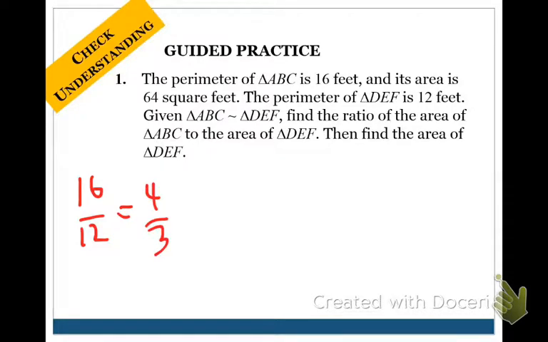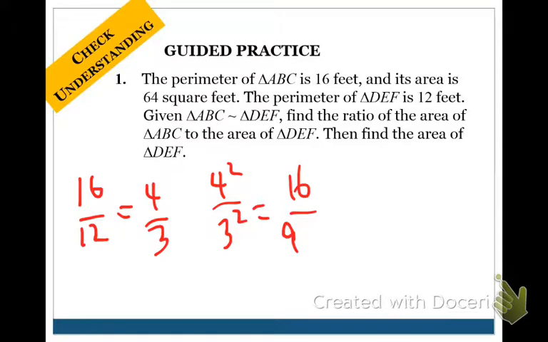You do the area. Okay, you're right. We've got area 64, but what do I have to do before I use the 64? What do I have to do? Faith? We square it. Good. So it's going to be 4 squared over 3 squared equals 16 over 9. Okay.